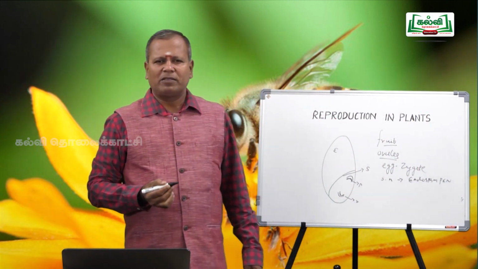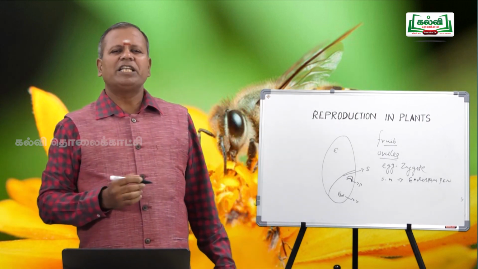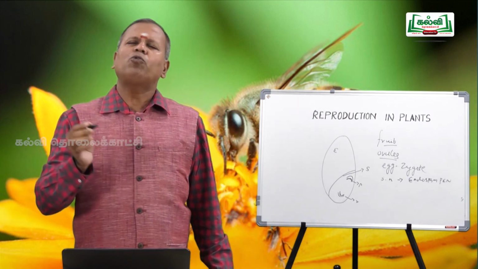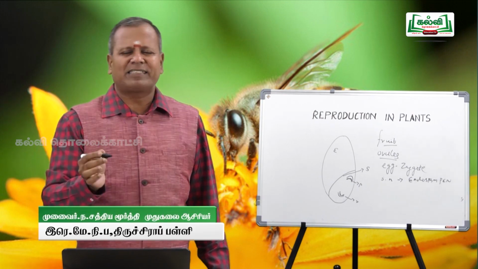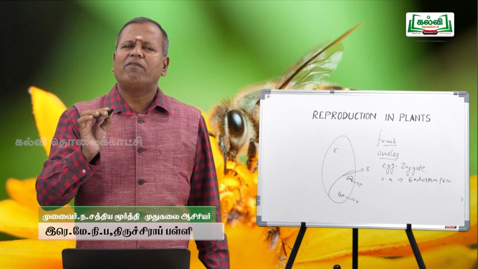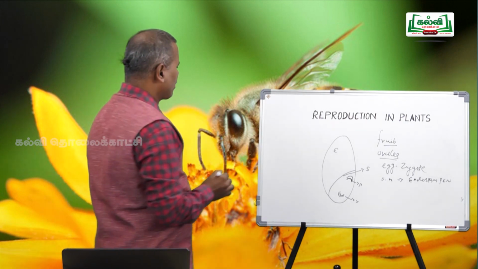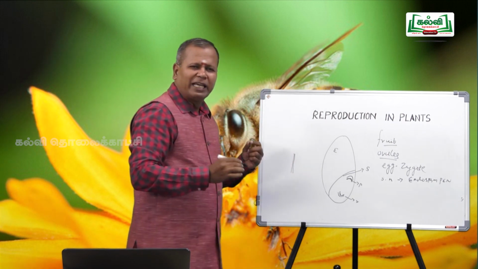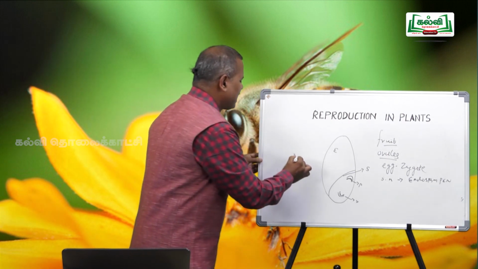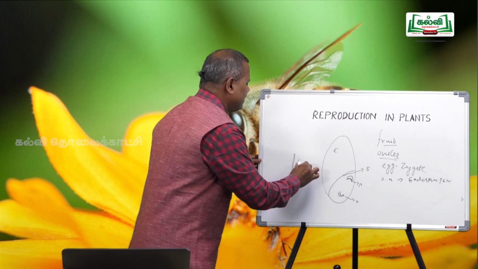Then antipodals disintegrate, synergids disintegrate, outer integument is converted into testa, inner integument is converted into tegmen. The funicle, the stalk of the ovule, is converted into the stalk of the seed.